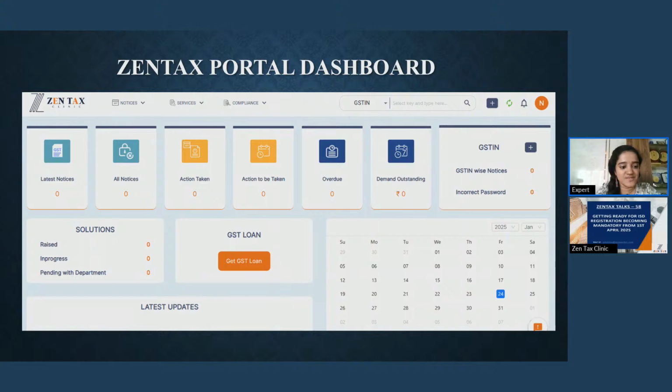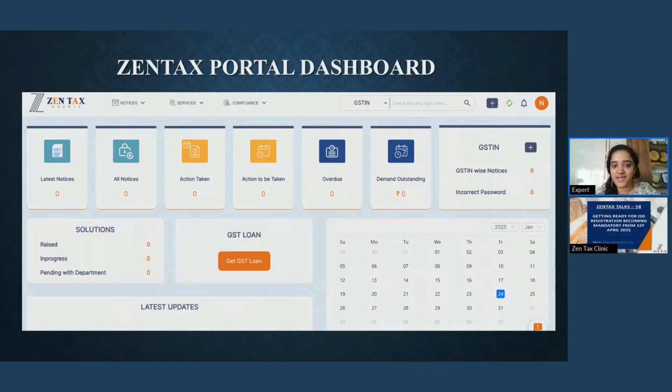The first option is the latest notices, which are received by you recently. All notices will give you the updates of all the notices, including those replied by you, and if any pending action is to be taken by you, it will also show in the all notices dashboard. Action taken is something you have already responded to, or a reply has been filed by you.